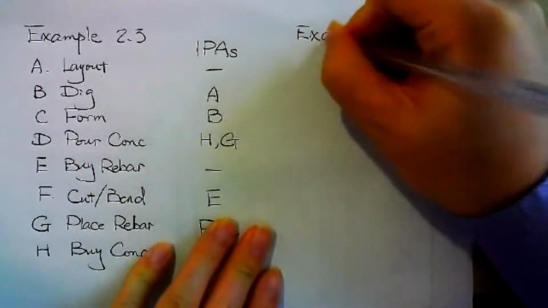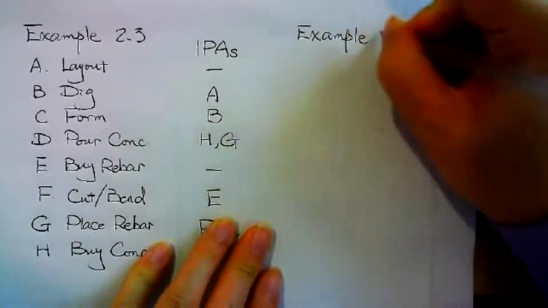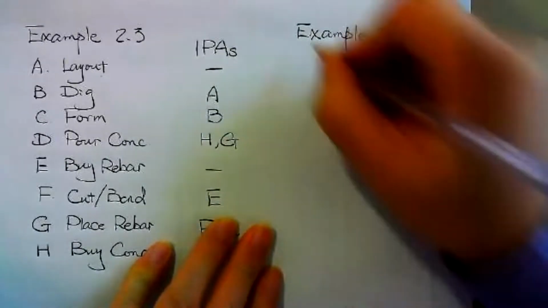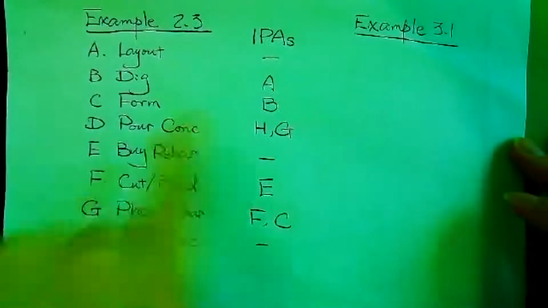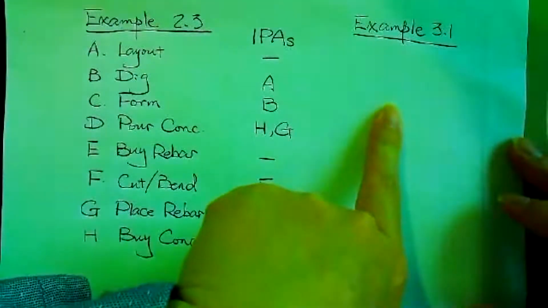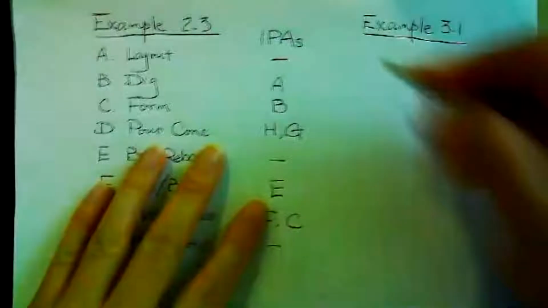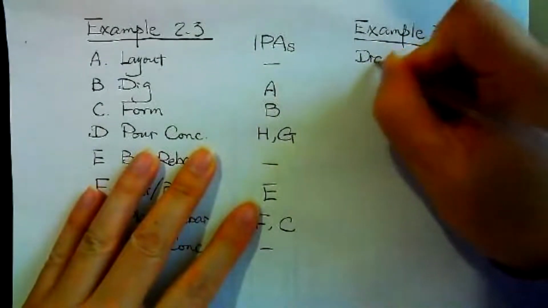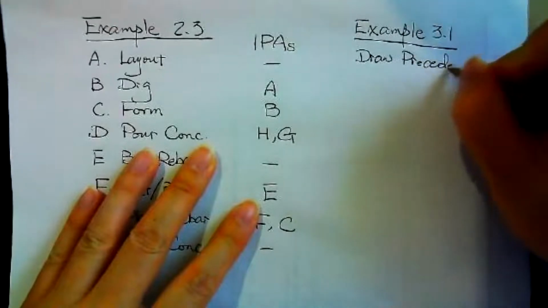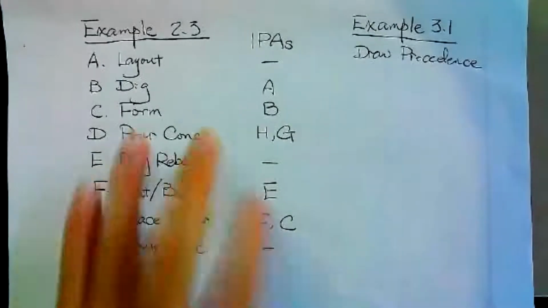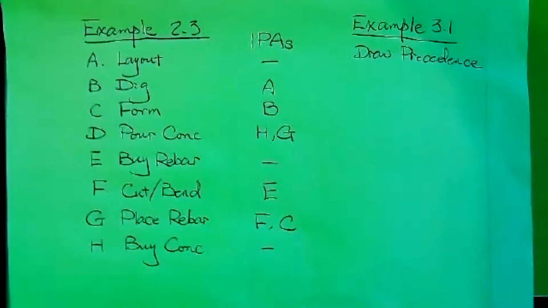This is our example 3.1. This is example 2.3, find the IPA table. Now use this IPA table to draw the precedence diagram. How to do that?